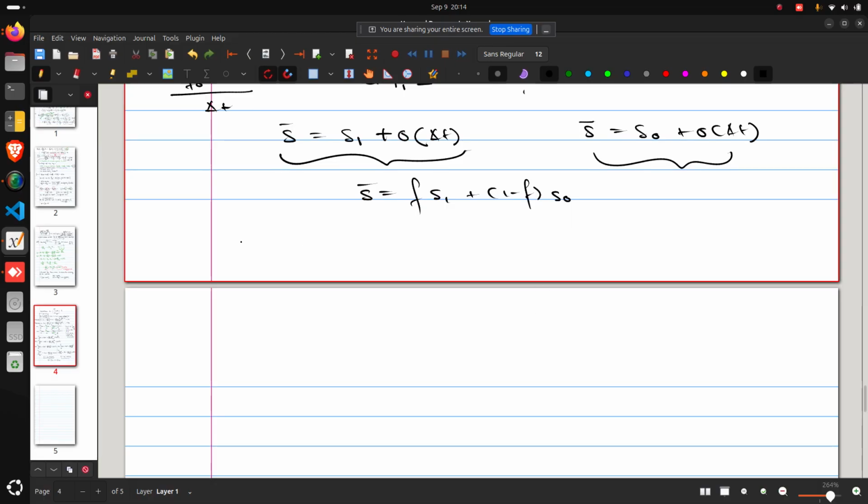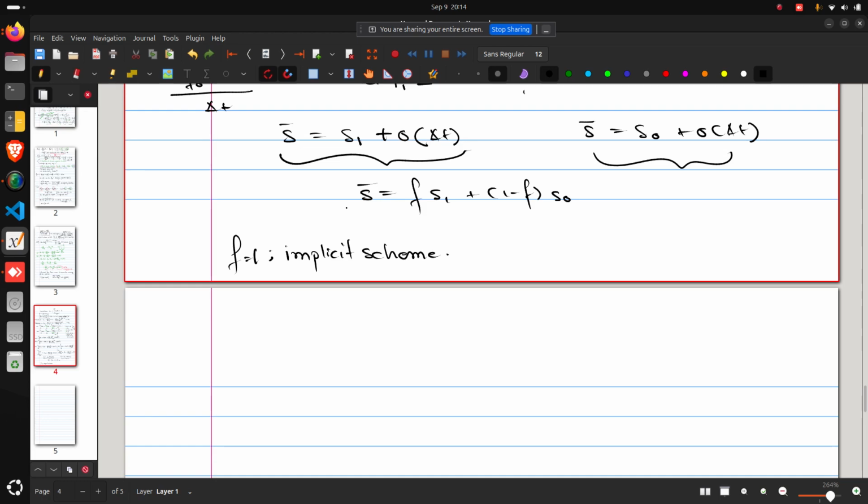So if we take, say, f equal to 1, we have an implicit scheme, right.